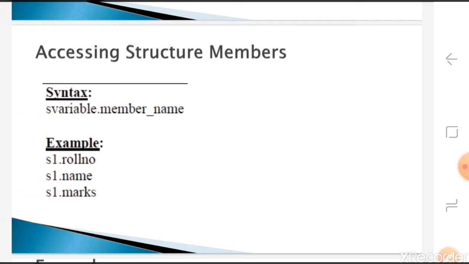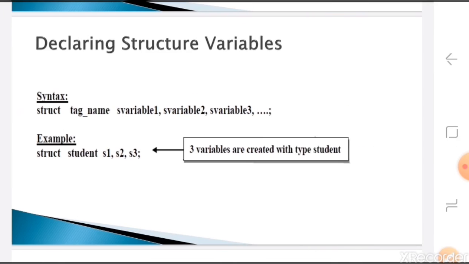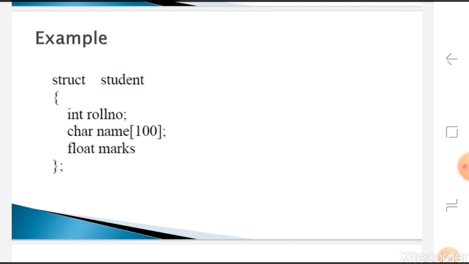If you want to access the roll number, you have to give the structure variable, dot, then the roll number. In general the syntax is structure variable dot member name. Here we declared three members: roll number, name, and marks.